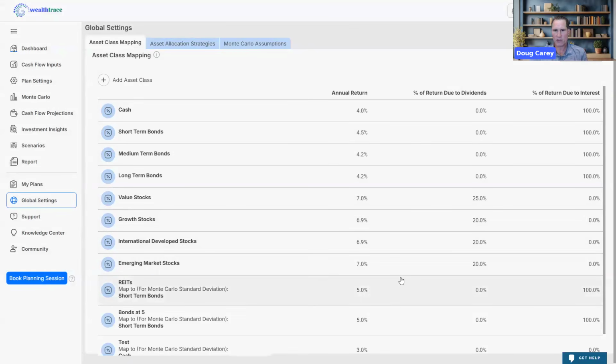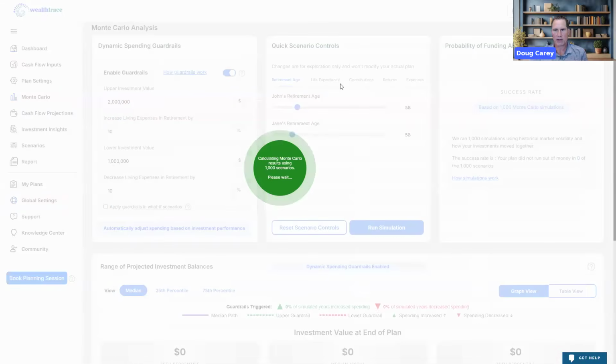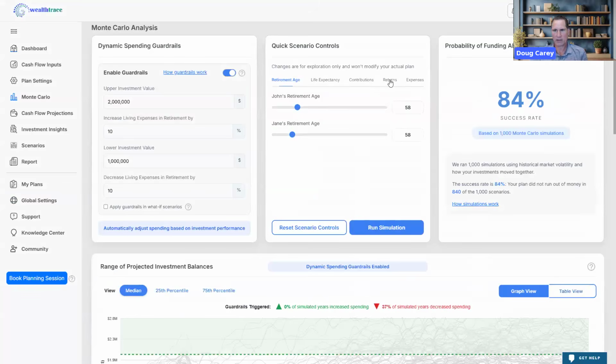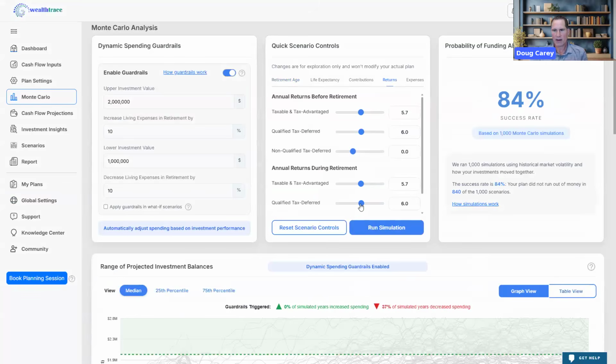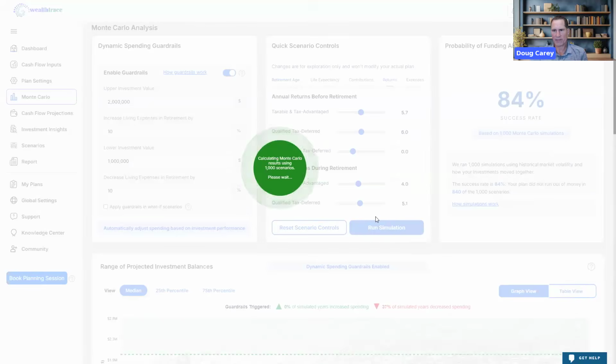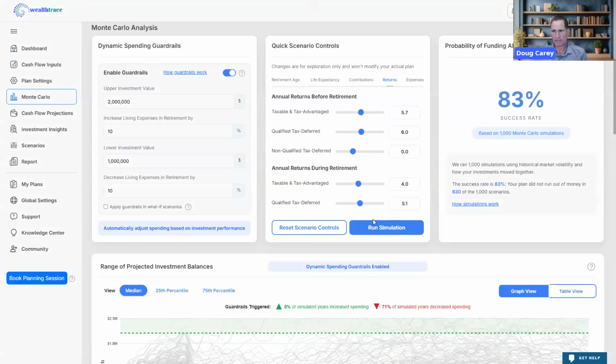Or you can just run scenarios in the software where you decrease the returns. You can do it right in Monte Carlo, as I was showing before. There's a little return section here, so you can say, in retirement, I think I'm actually going to get about a percentage point less, for both taxable and qualified, and rerun it. That's a quick way to do it. So that didn't hurt me very much.